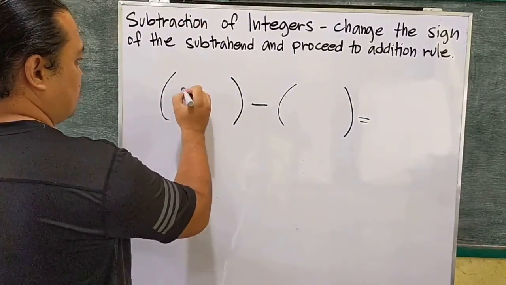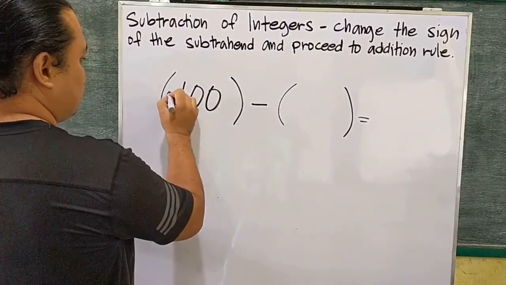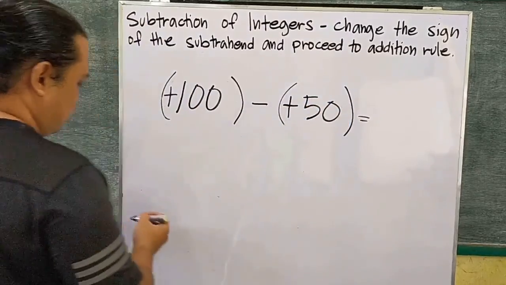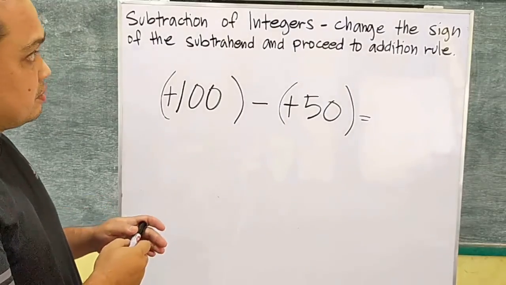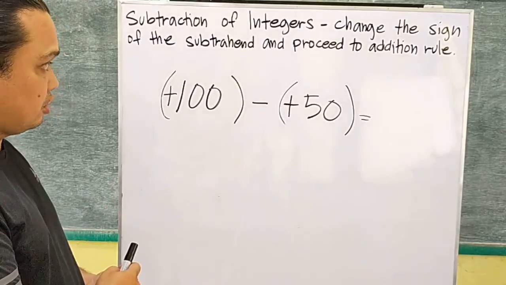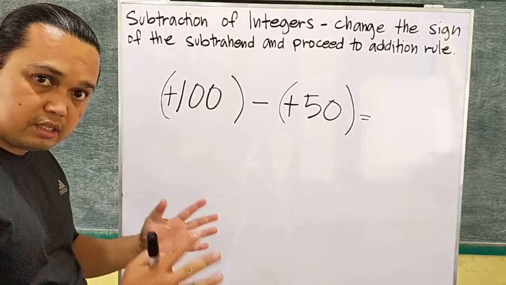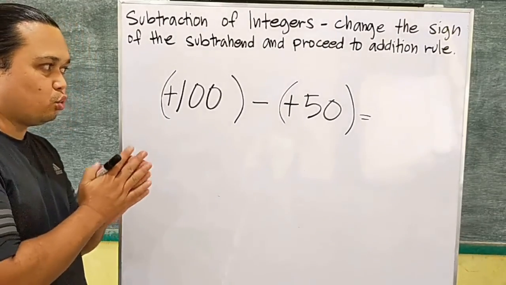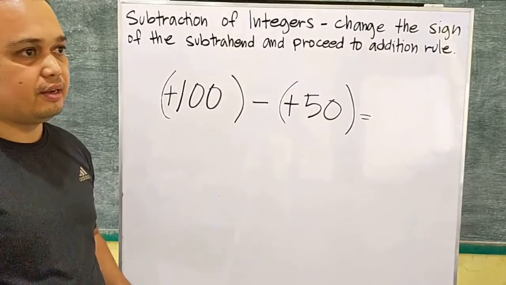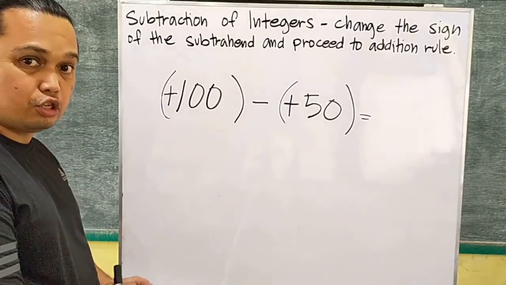Let's have positive 100 minus positive 50. Okay? So subtraction of integers. Now let's explain this again. To explain this further, let's read the rule in subtracting integers.